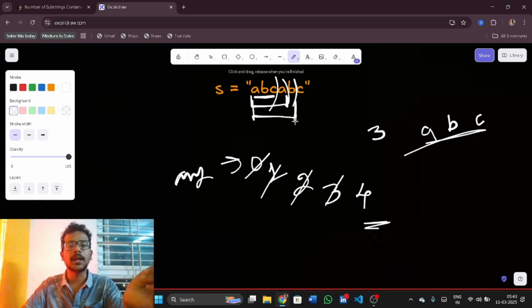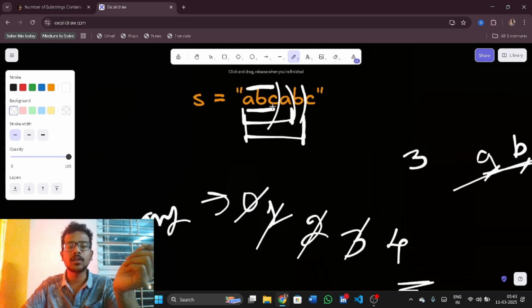Because we only need A, B, and C, and we got that in the first substring, index 0 to 2. So all the characters after that, if I push back and add this character, then I'll get another substring, and another, and another.